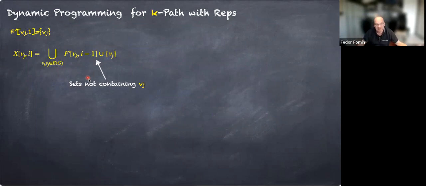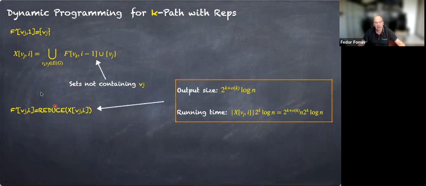So I start from the first column, which is exactly the same as in the Held-Karp algorithm. Now inductively I define the set X of Vj and i.